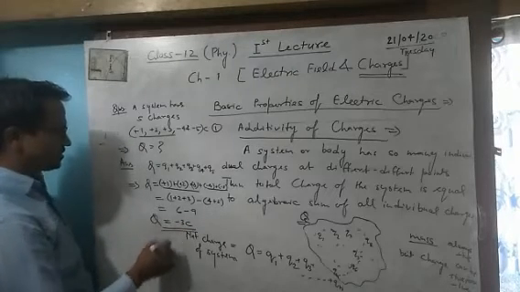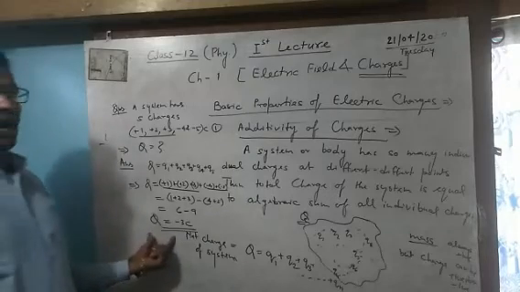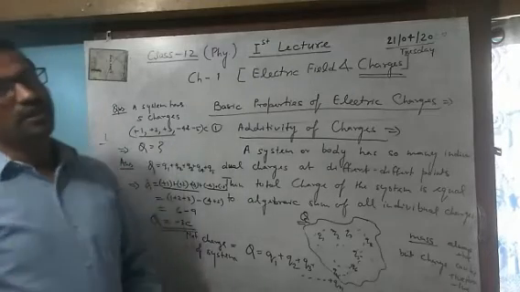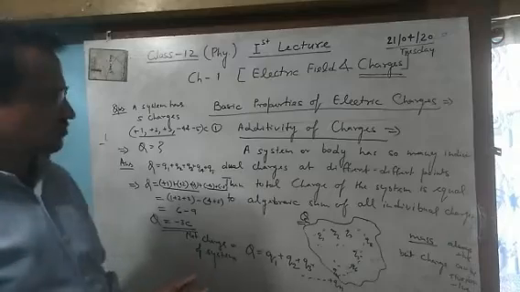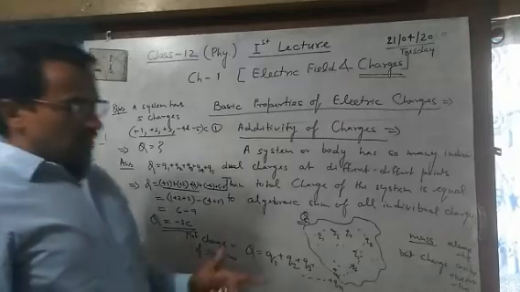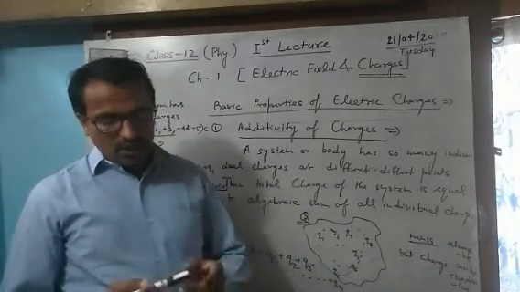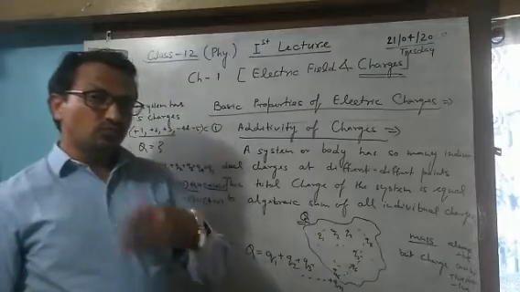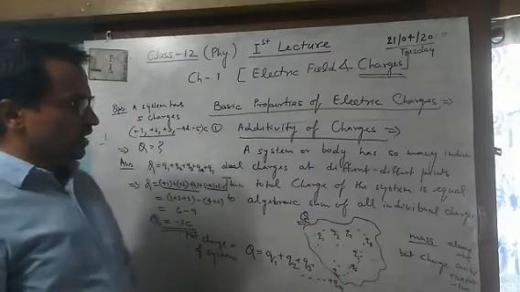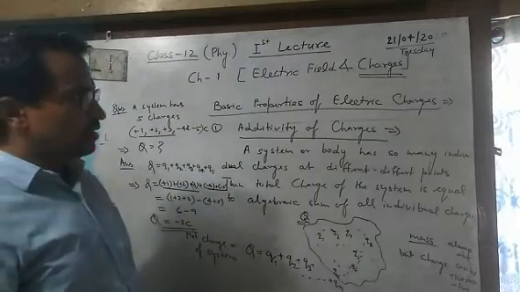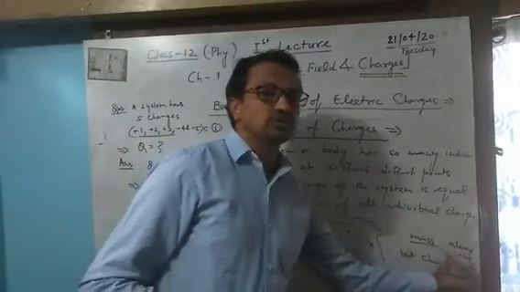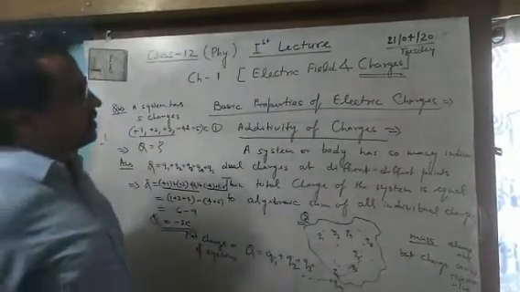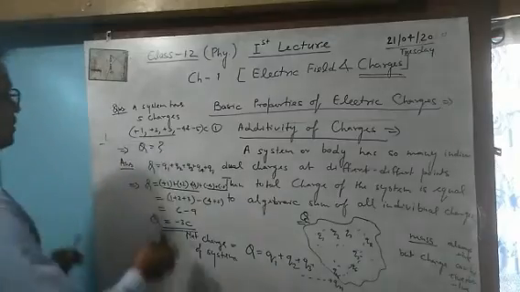This means charge of a system can be negative or positive. इसका मतलब ये है कि किसी सिस्टम का चार्ज पॉजिटिव भी हो सकता है और नेगेटिव भी हो सकता है, बट मास ऑलवेज पॉजिटिव. मास कभी भी नेगेटिव नहीं होगा.